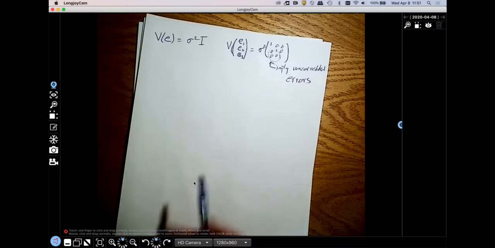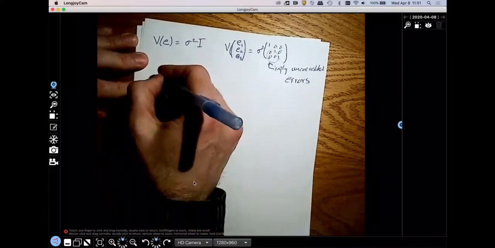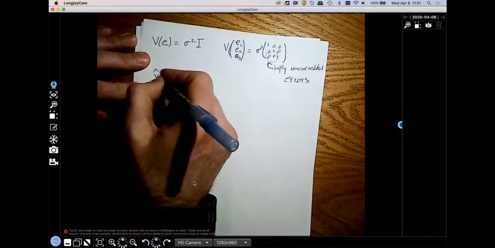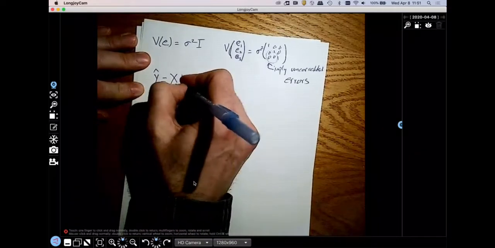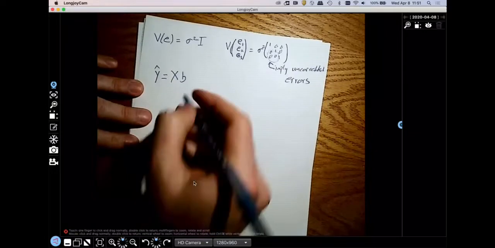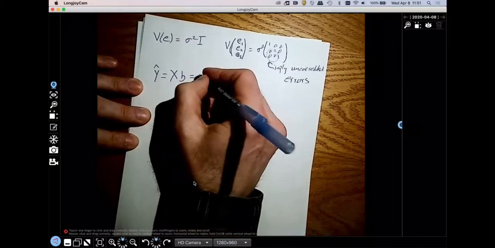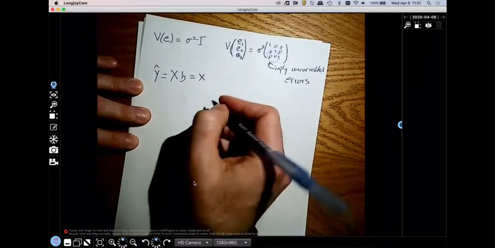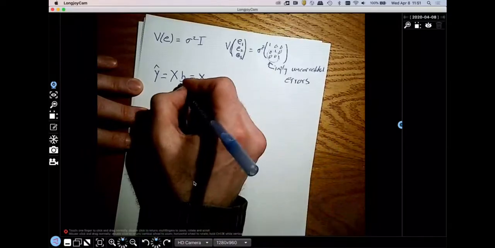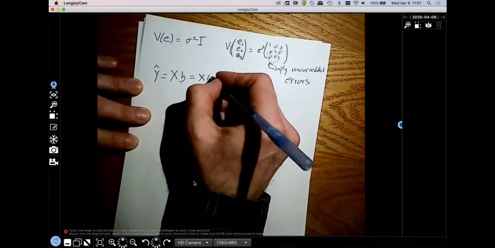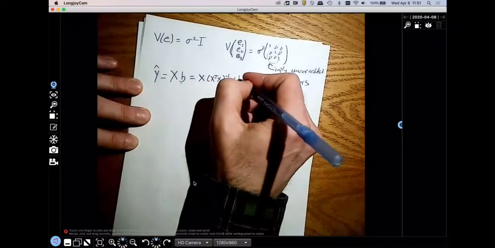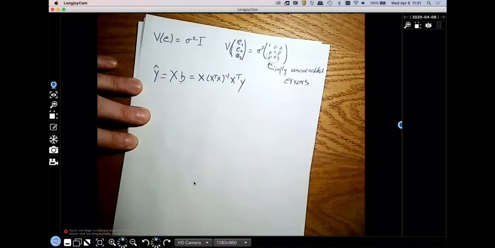It's kind of almost fun to write it out. So what are my y hats? So the y hats will be x times my slope estimates, which equal x times, what is this b? Well, this b is x transpose x inverse times x transpose times y.